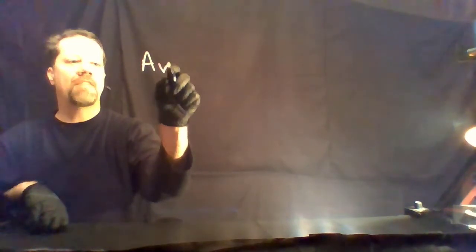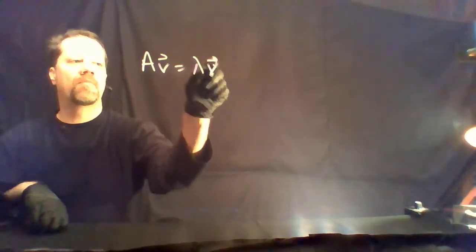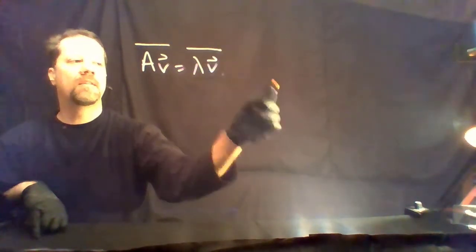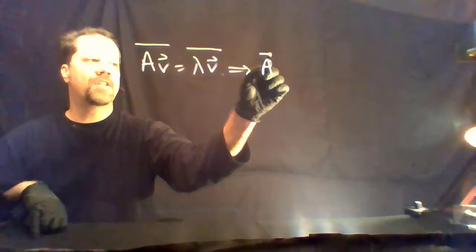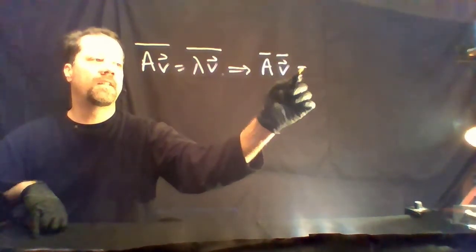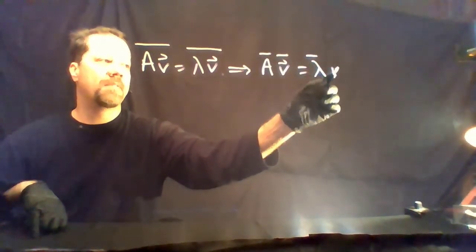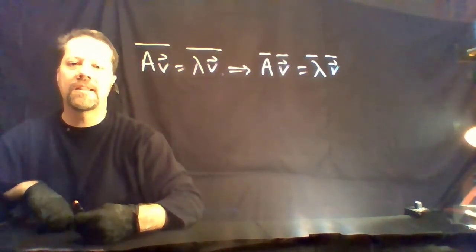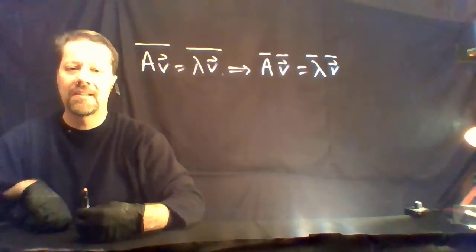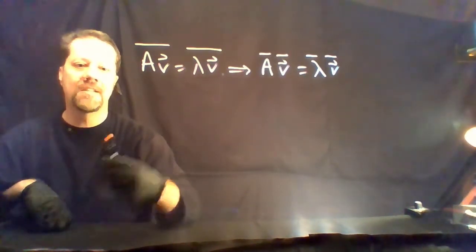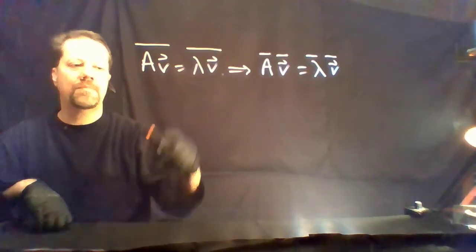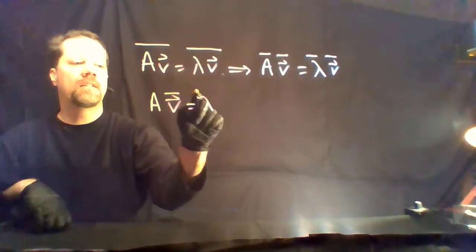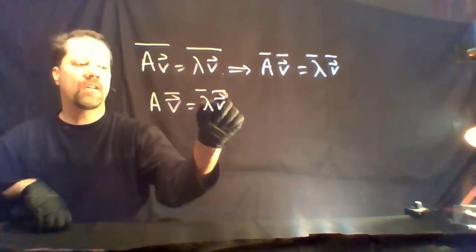Suppose that Av is lambda v. If we take the complex conjugate on both sides, we'll have the conjugate of A times v conjugate is the conjugate of lambda times v conjugate. But the conjugate of A is itself, since we're assuming that our coefficient matrix has real entries, and the conjugate of a real number is itself, since the imaginary part is 0. So what we have here is A times v conjugate is lambda conjugate v conjugate.